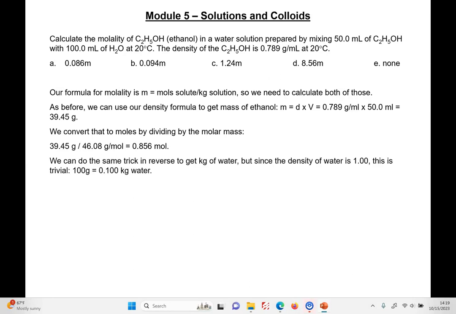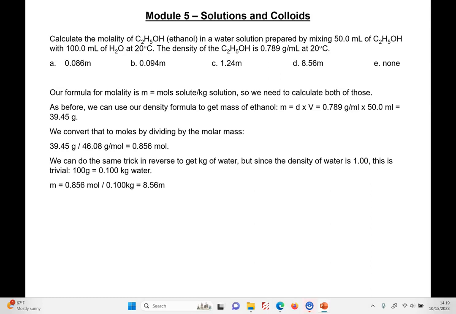Now we can do the same trick we did in the previous problem, but in reverse to get kilograms of water. But since the density of water is 1, this is a pretty easy, trivial calculation. So 100 milliliters of water is 100 grams of water. And 100 grams of water is 0.1 kilogram of water.